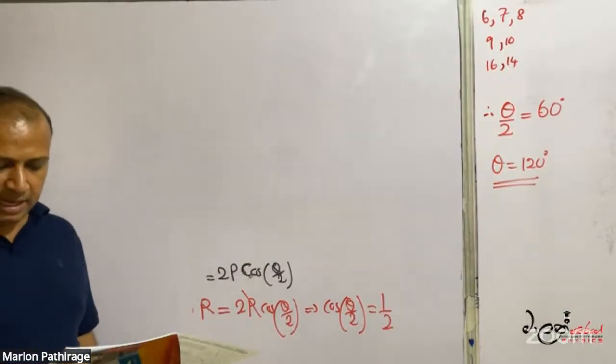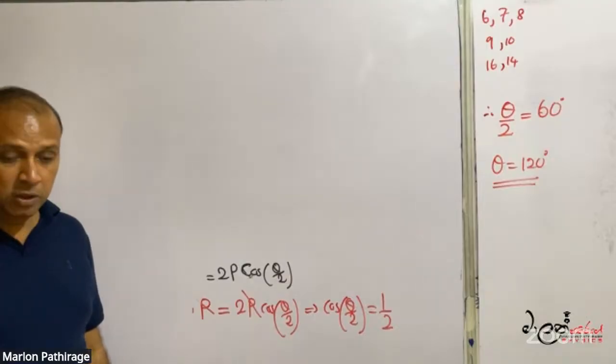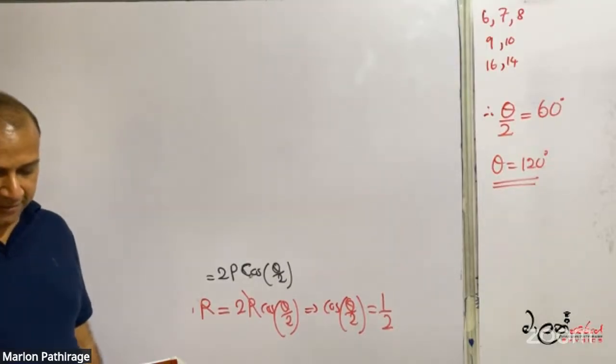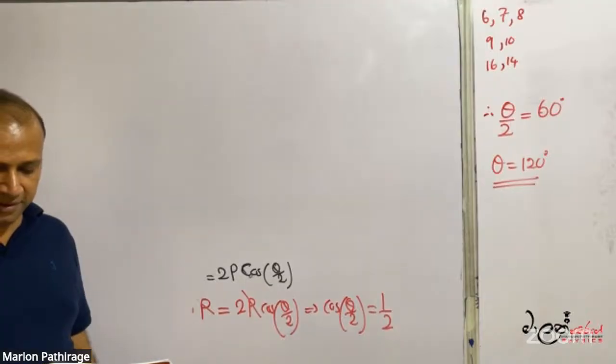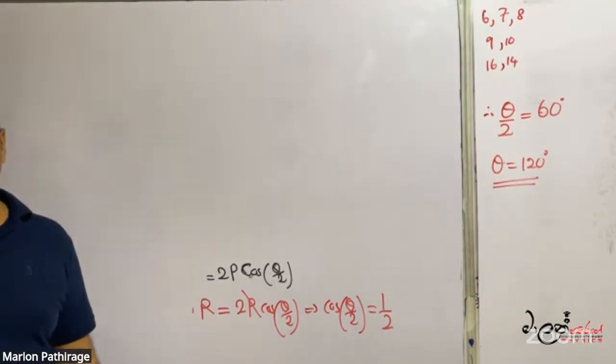If the resultant of the two forces is perpendicular to the smaller force, find the magnitude of the resultant force and the angle between the two forces.